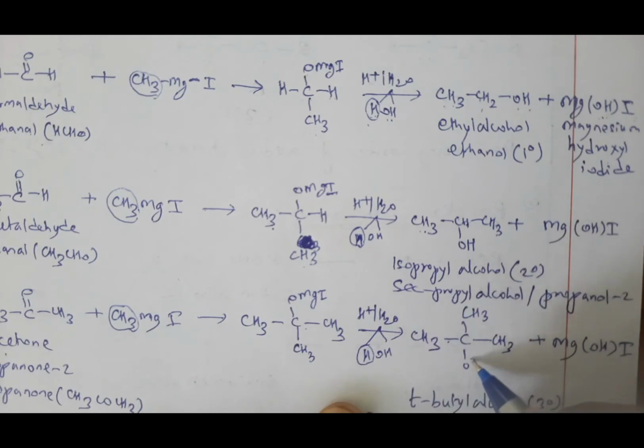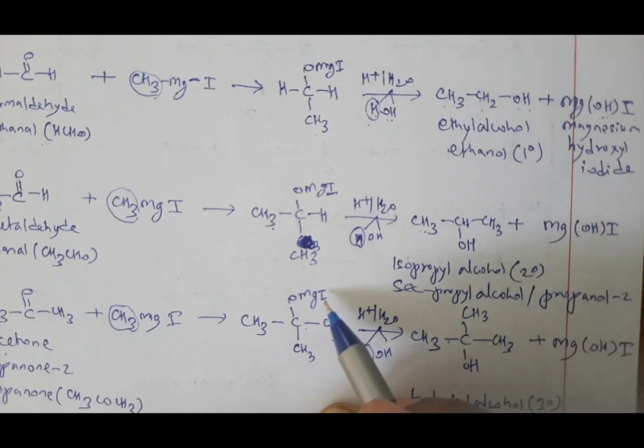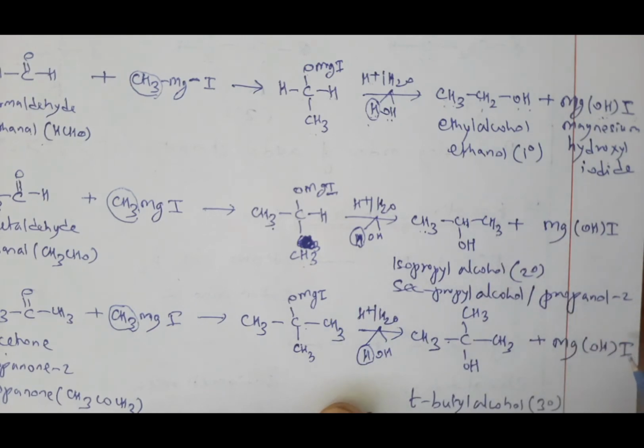H. Water's H will come here in place of MgI. And this water OH will go with MgI to form magnesium hydroxyl iodide. If you had taken chlorine here, you would have got magnesium hydroxyl chloride. If you had taken bromine here, you would have got magnesium hydroxyl bromide. But here I have taken iodine, so we are getting magnesium hydroxyl iodide. Now we got the alcohols.